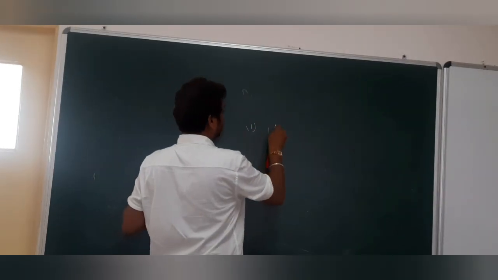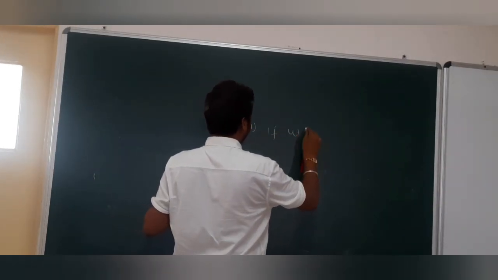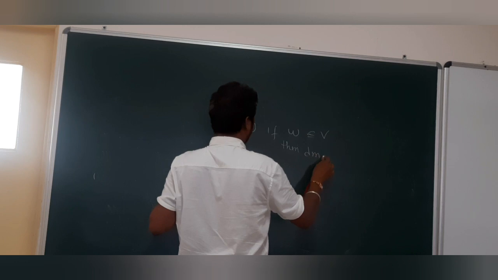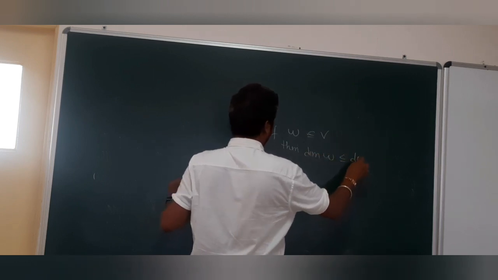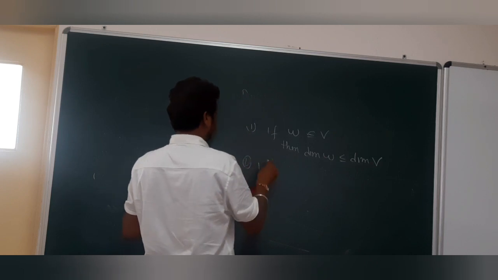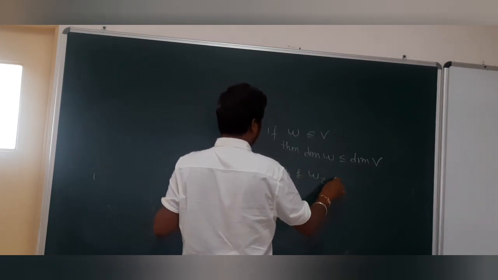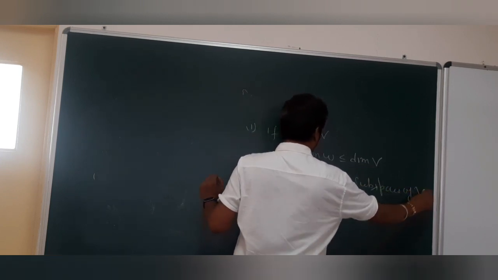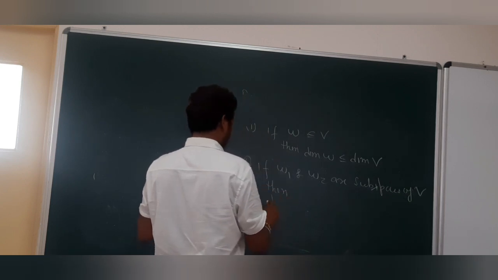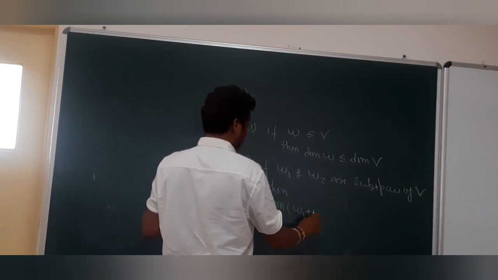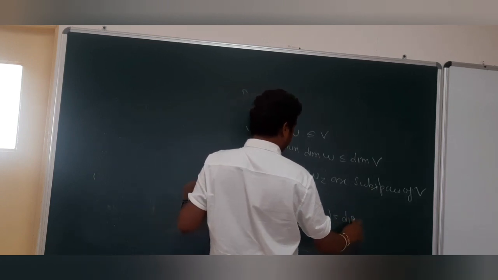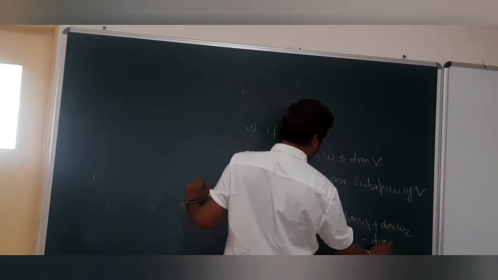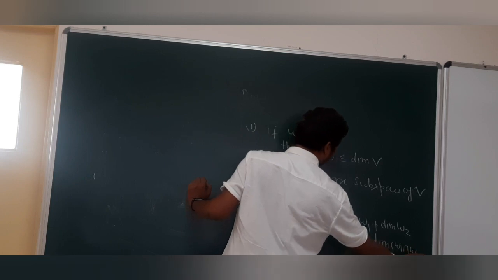First, if W is a subspace of V, then the dimension of W is less than or equal to the dimension of V. Second, if W1 and W2 are subspaces of V, then the dimension of W1 plus W2 is the dimension of W1 plus the dimension of W2 minus the dimension of W1 intersection W2.